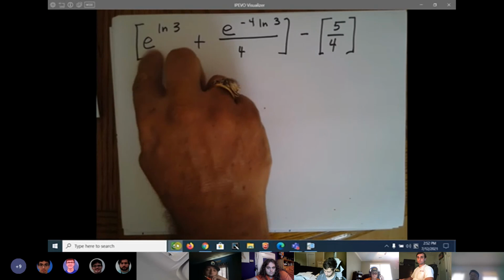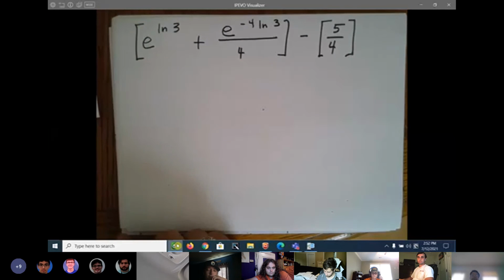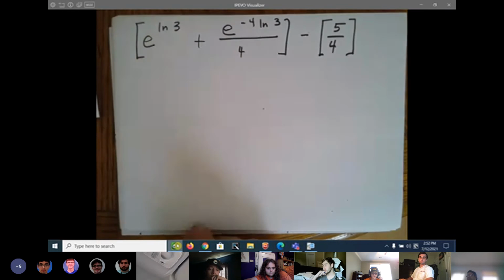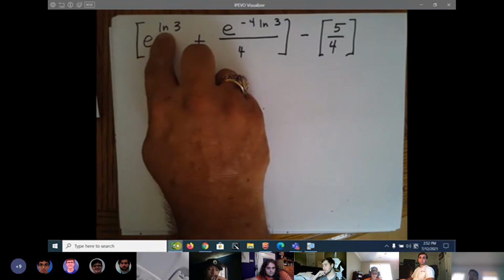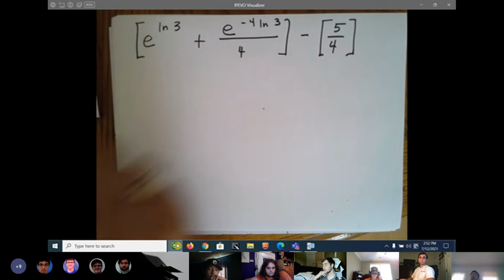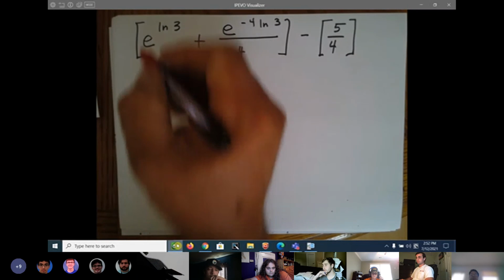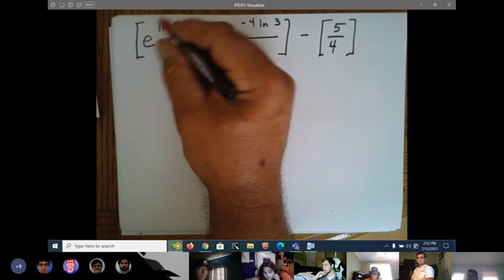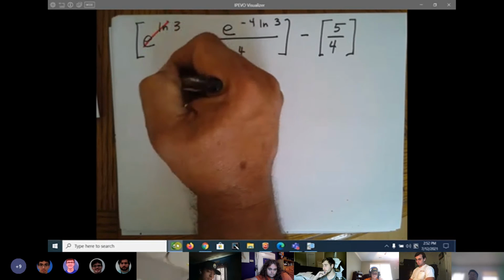What happens here? The e and natural log cancel out and become 3, due to the properties of natural logarithm and e, log base e. And the 3 drops down.